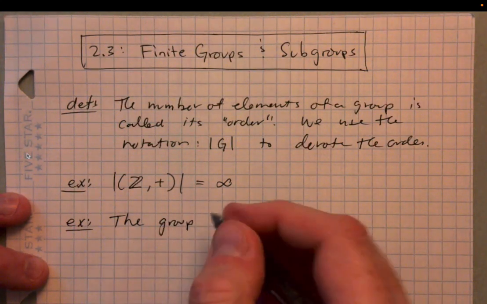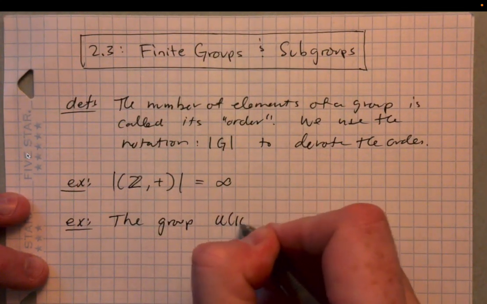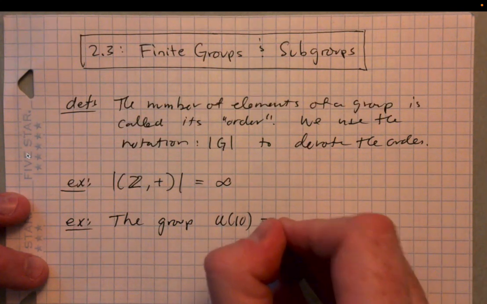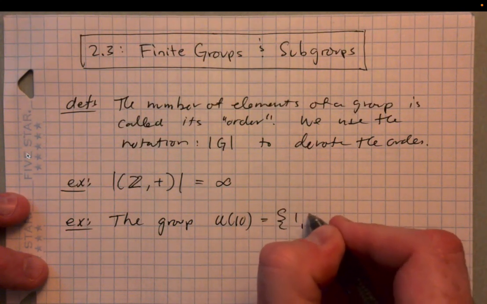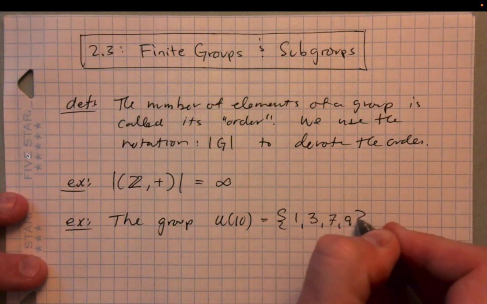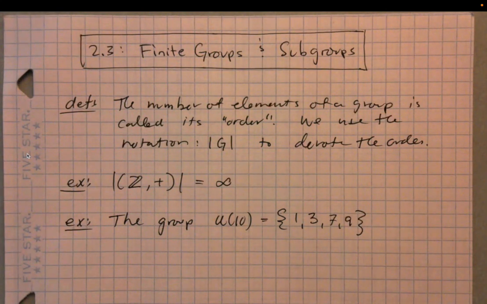So the group, and we're going to denote it U10. And in this case, U10 is the elements 1, 3, 7, and 9. Okay, this is U10, the group which is basically this set under multiplication modulo 10.